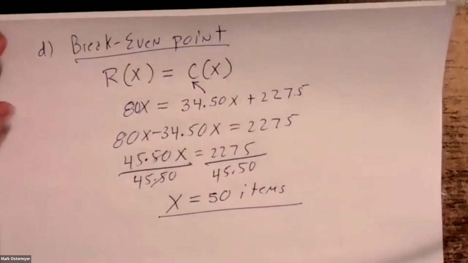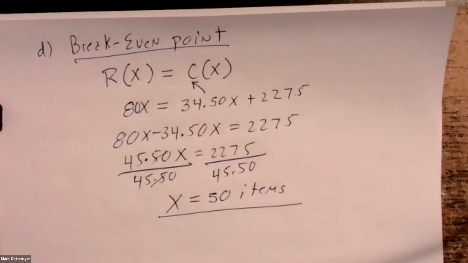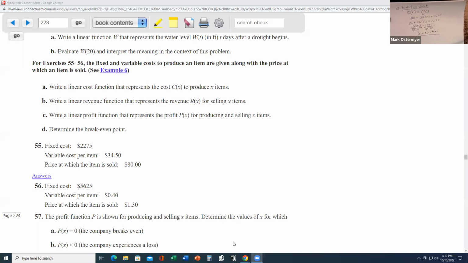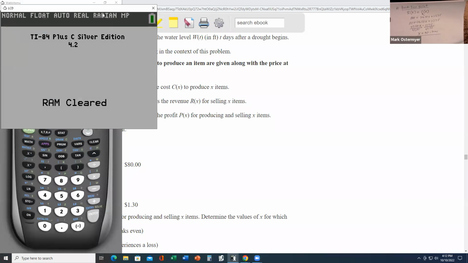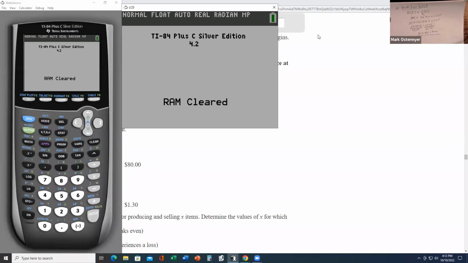And tell you what, if we were to graph this cost function and revenue function using our graphing calculator, let's see if we can hurry up and do that. I want to show you something cool here. So what I'm going to do is graph both of these functions on my graphing calculator.